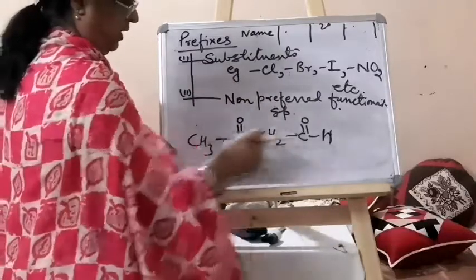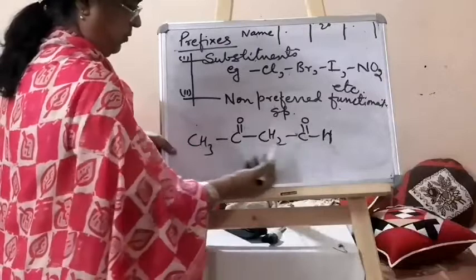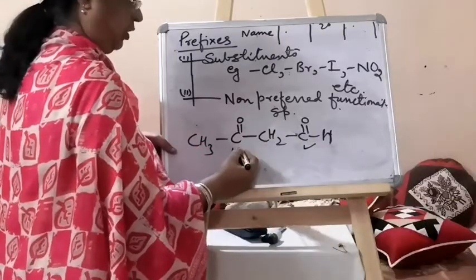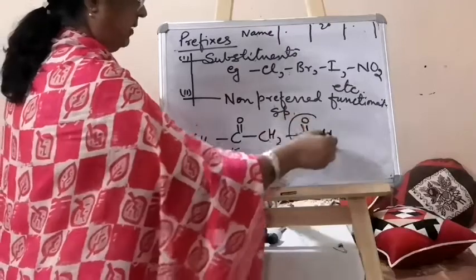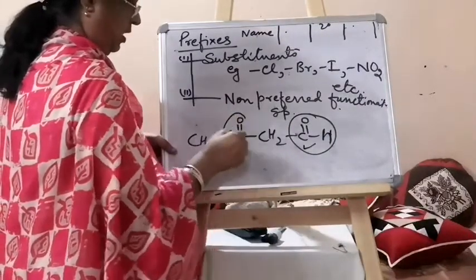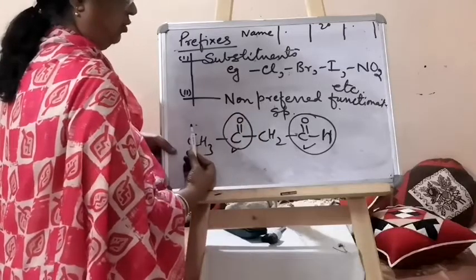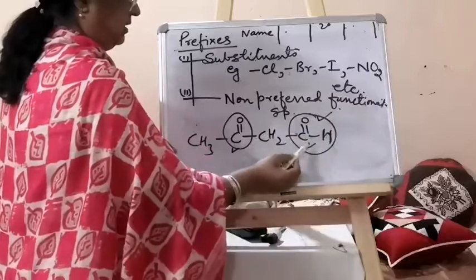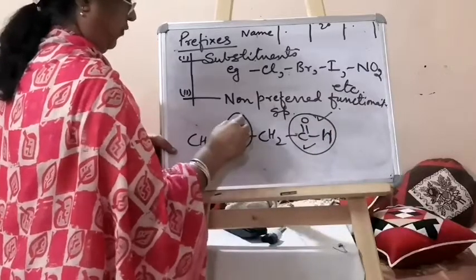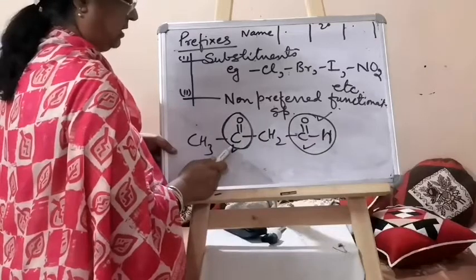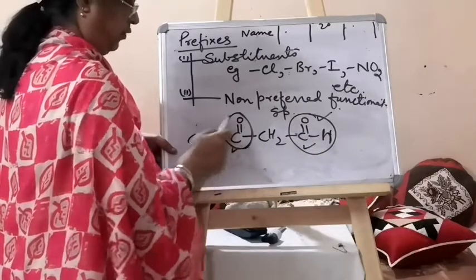If we have two functional groups here, one is more reactive than the other. Aldehyde is more reactive than ketone. Therefore this will get the status of the functional group, but this will not. So for this we will write the secondary suffix. The secondary suffix for this is al, but for this we will write a prefix. We will not write one as a secondary suffix, but will write the prefix for this.